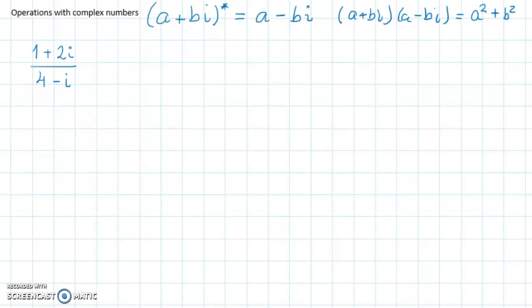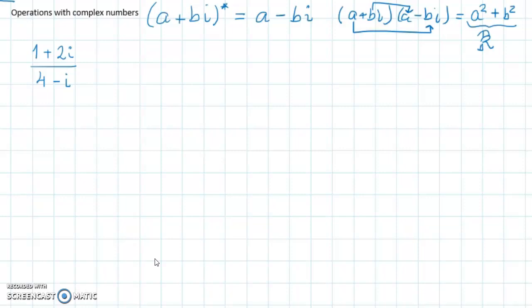The i squared is negative, and then we have a negative sign as well. And that's it, because for the imaginary part, we will be multiplying a times negative bi, and bi multiplied by a, and those terms cancel each other. So that means when we multiply a complex number with its conjugate, the result is a real number. So this is what we are going to use for our division.